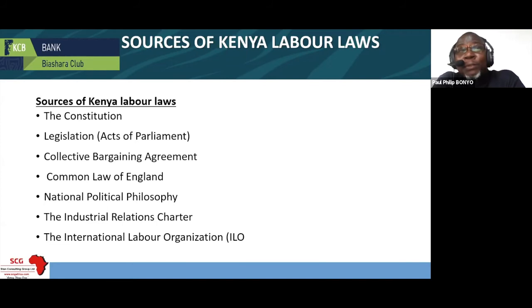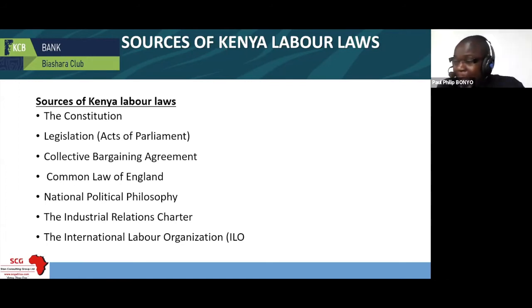The law requires that if there is a dispute, it can be settled amicably, and once they have reached a standard contract signed, it is taken to the industrial court for purposes of registration. Once it is registered, the contents of that negotiation and settlement become part of the labor laws governing the people who have entered into that. That is why collective bargaining agreement is a source of labor laws.